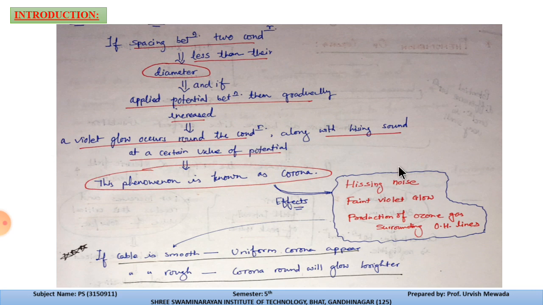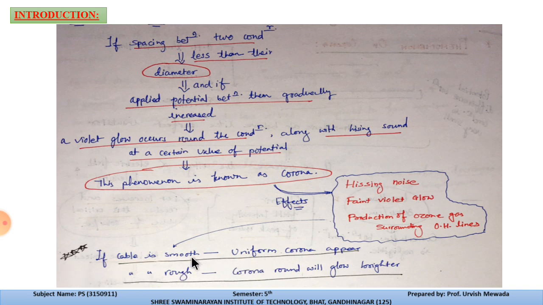Now, whenever the corona appears, its appearance depends upon the surface of the conductors which we use in the overhead lines. If the surface of the conductor is smooth, then the corona which appears around that conductor is uniform, meaning there is no zigzag in the periphery of the corona circle.